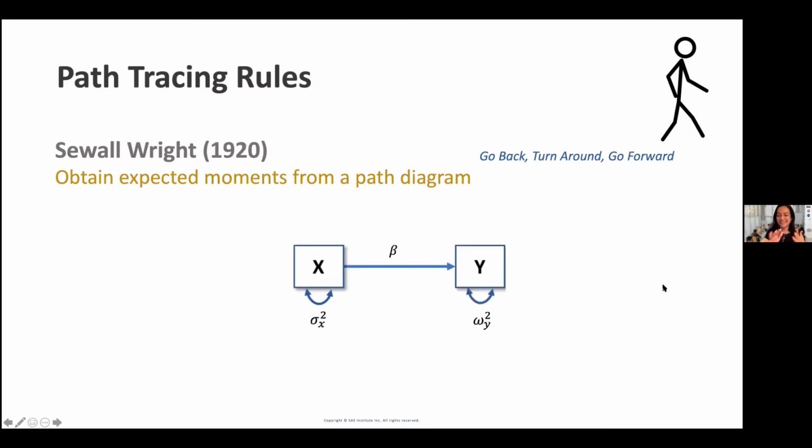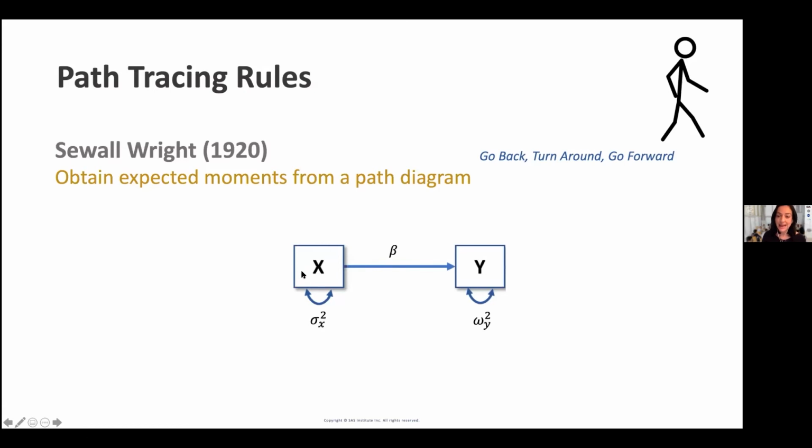Here's a very simple linear regression diagram. And again, I have labeled all of the edges with some Greek letters just to show that those are estimates in our model. If I'm right here at Y, I can go back through this beta path, through this one-headed arrow.